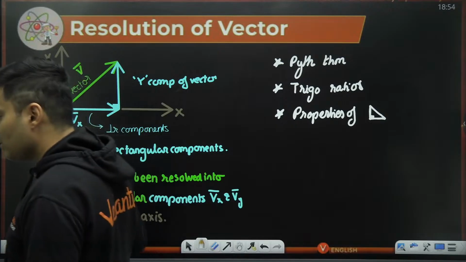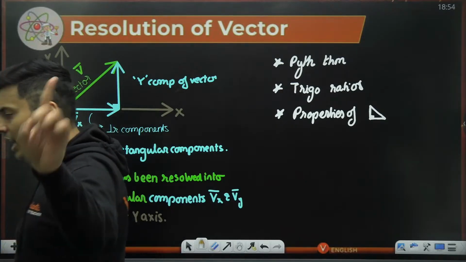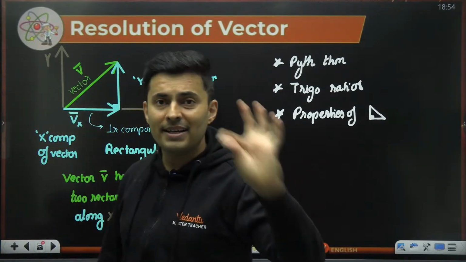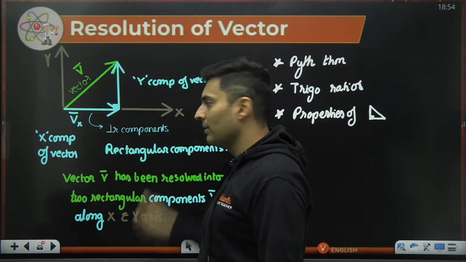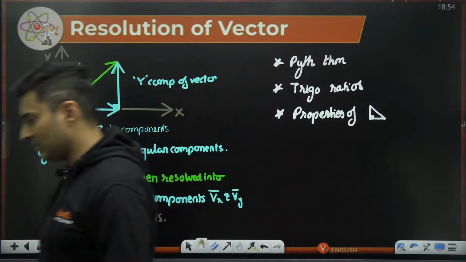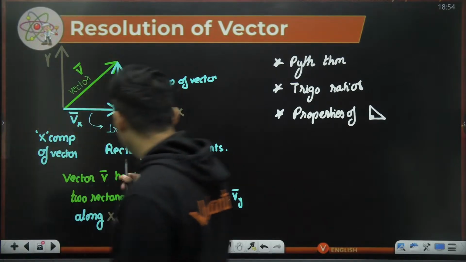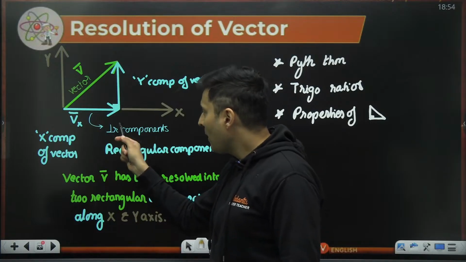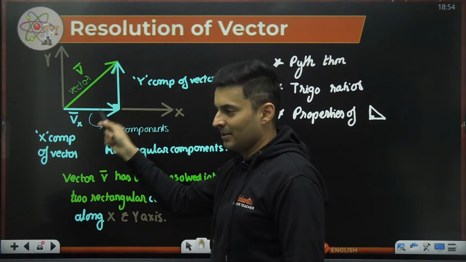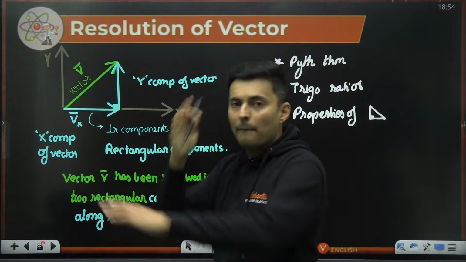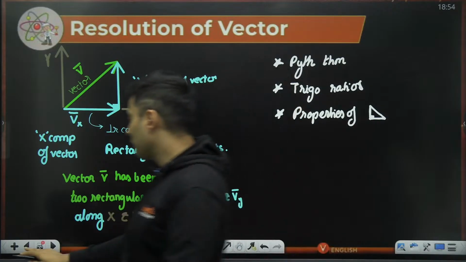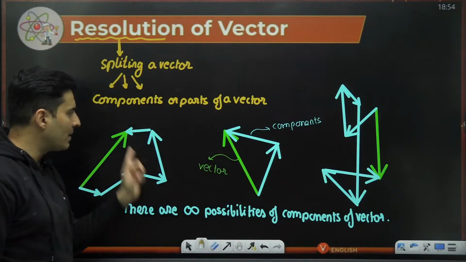Got it? So that is why we are going to always use perpendicular or rectangular components in our physics. Yes, I use this in electrostatics ring derivation, correct. So rectangular components mean the components are perpendicular to each other. Whenever the components are perpendicular to each other, like for example over here, none of them are perpendicular.